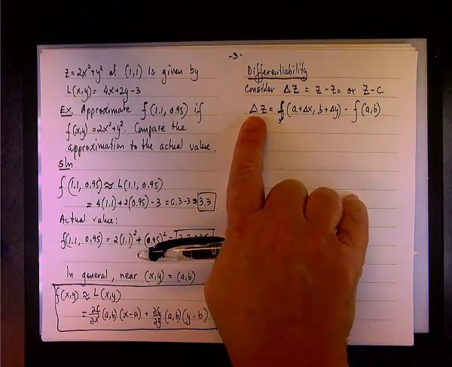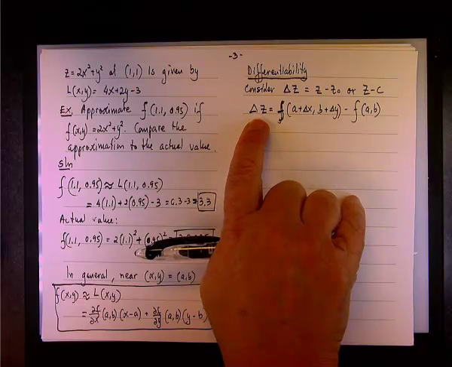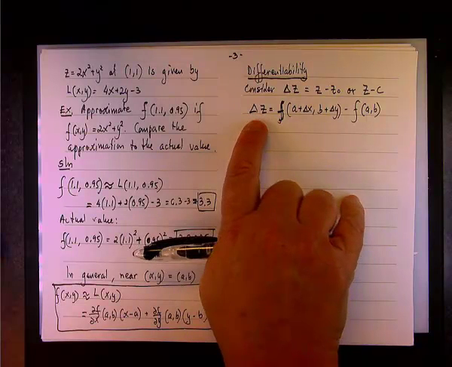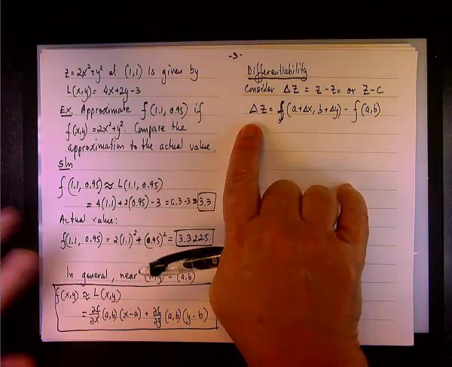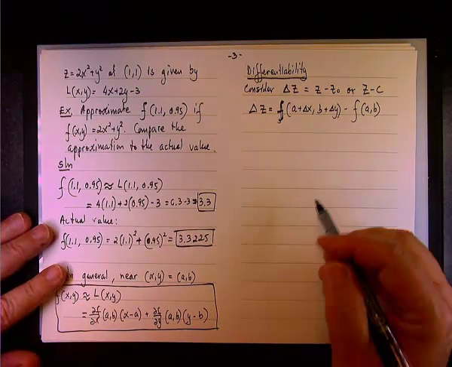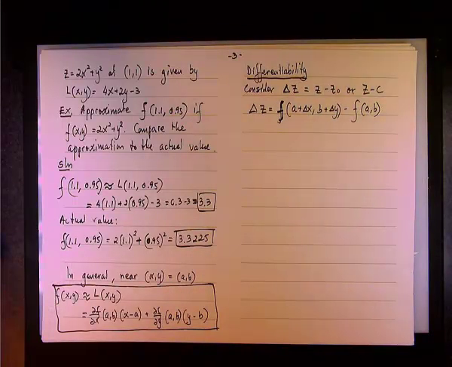What we'll be interested in, the next topic after differentiability, is differentials: to take that delta z, make it dz, the complete differential. Notice there is a parallel between what we're doing here and what we did in Calculus 1, in chapter 3, section 10.